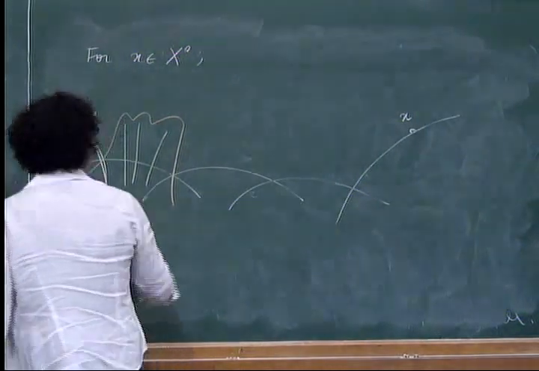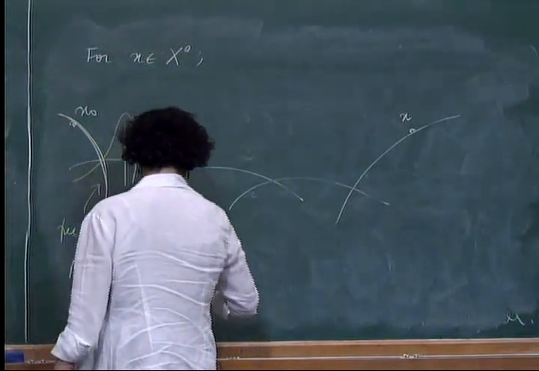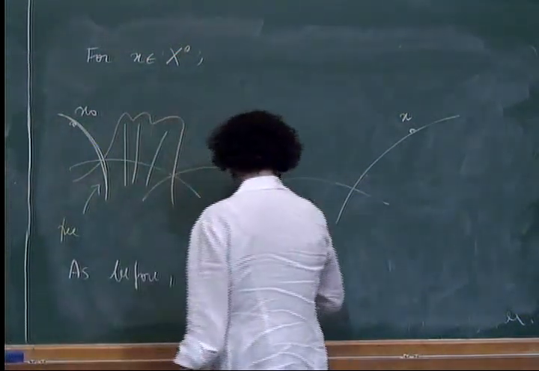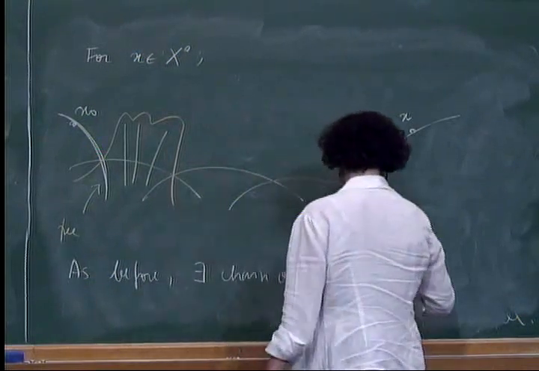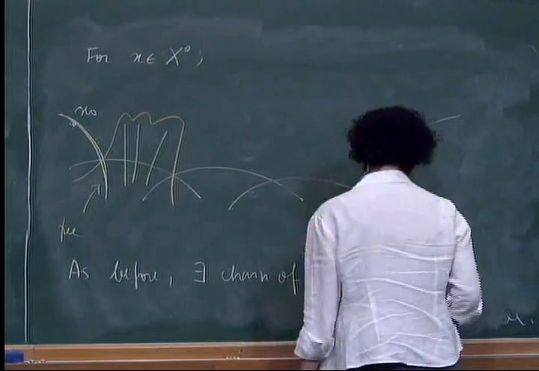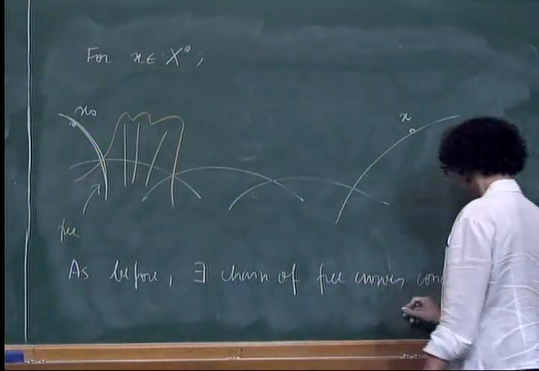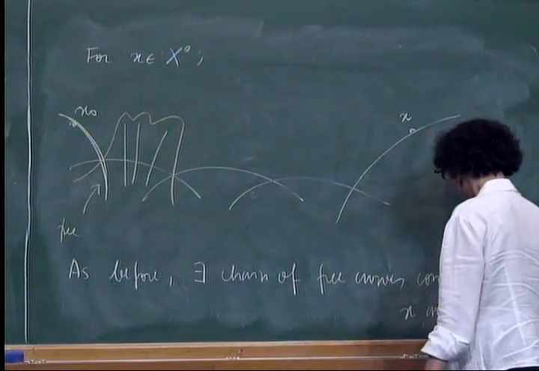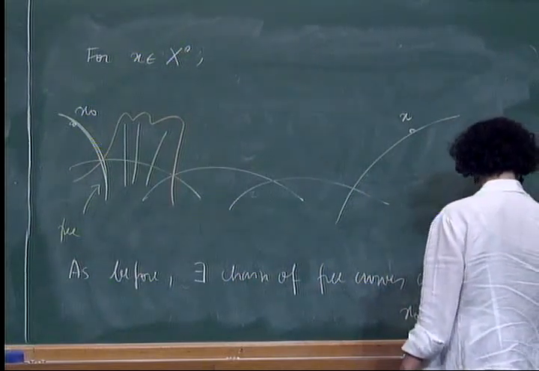So as before, there exists a chain of free curves connecting x naught and x.